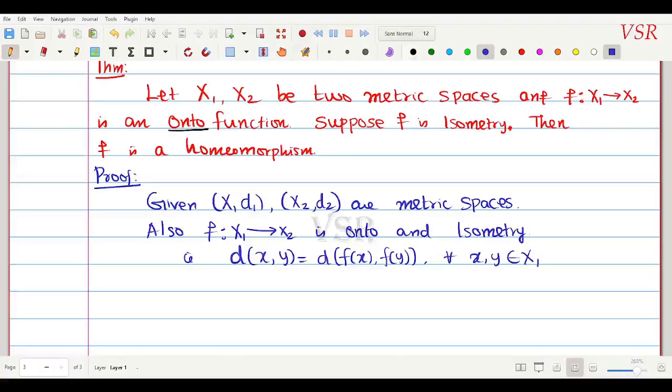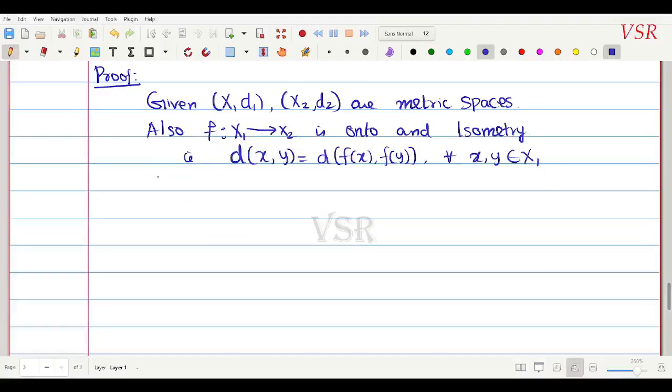Now what am I going to prove first? First claim 1: we shall show that f is 1 to 1. What do we need to say to show f is 1 to 1?